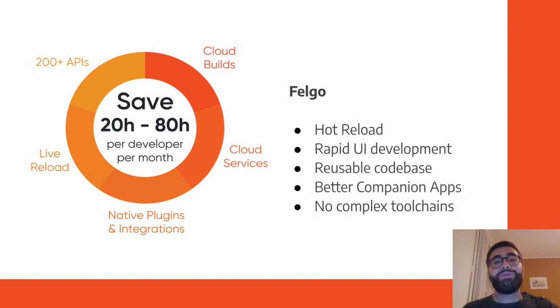Overall, this is what you get with Felgo. You can save around, from estimates, 20 hours to 80 hours per developer per month. This is due to Hot Reload not requiring you to go into the full development cycle each and every time, but just applying the changes, preserving the application state, avoiding all the complex toolchains you might have to handle for your development board, and a much faster and more iterative UI development.